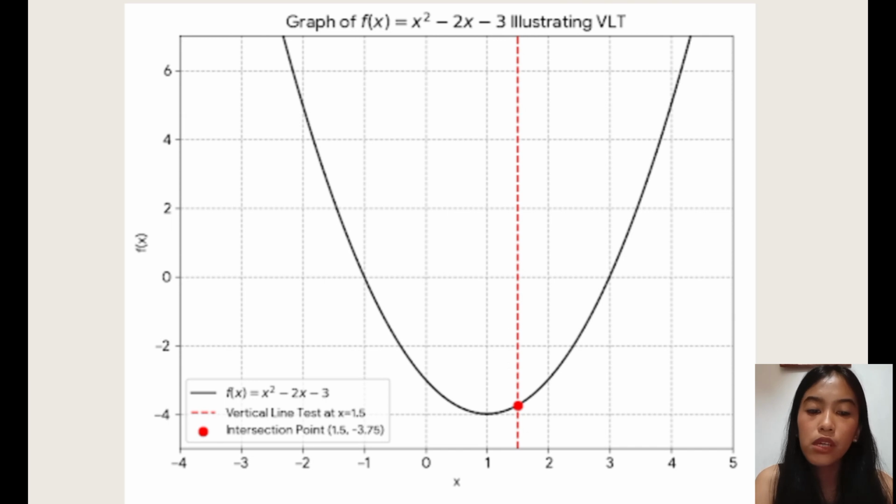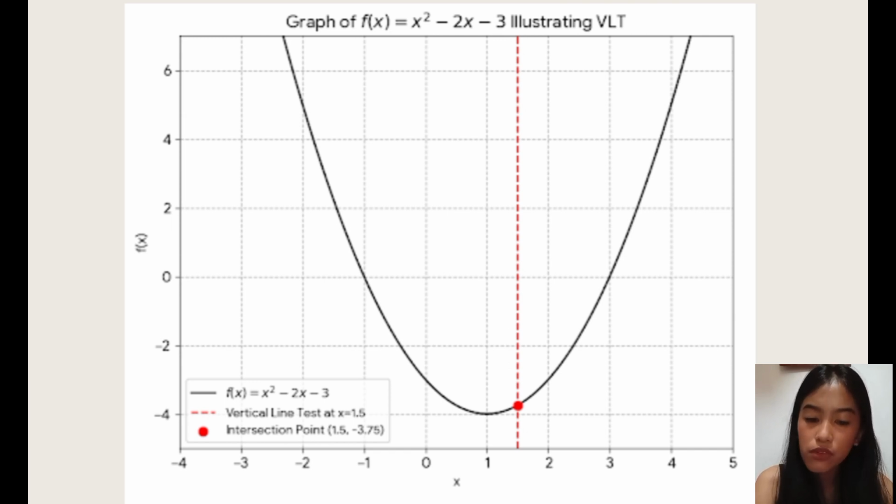How do we illustrate this vertical line test? We have an example of a function, a parabola graph, where the vertical line test is shown. The function x squared minus 2x minus 3 is a function because when we perform the vertical line test, it only intersects the graph at one point.